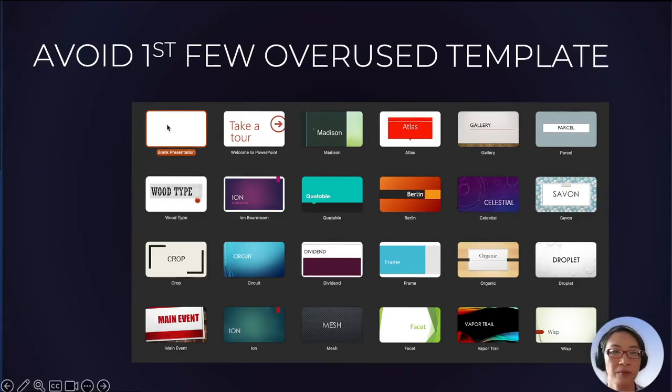Something else to consider when using a template is the color, the typography, and whatever decoration that they have. You want to make sure that it is suitable for your purpose, for your organization, for your audience. The color you choose, the typography that you use, and the decoration that you choose will evoke subconscious feelings from your audience.